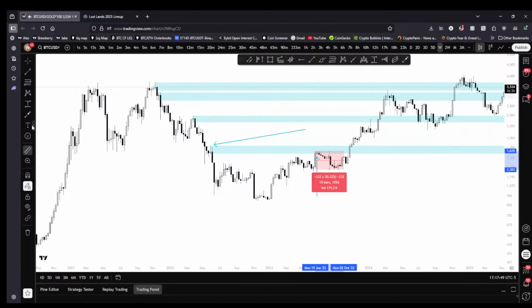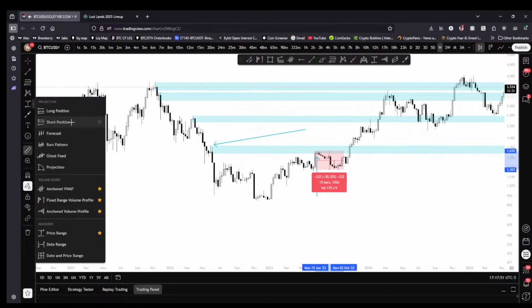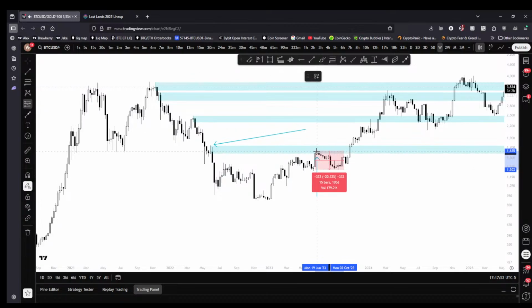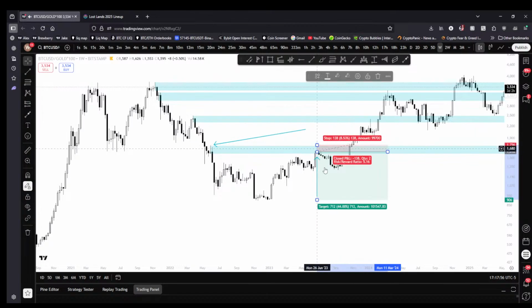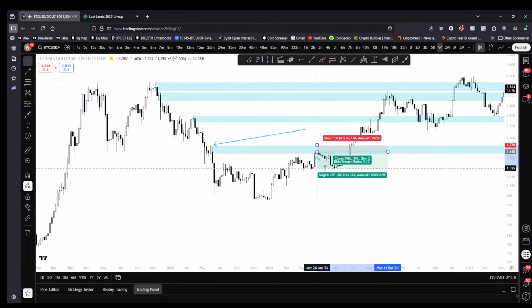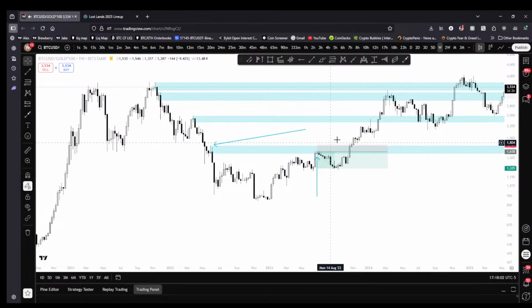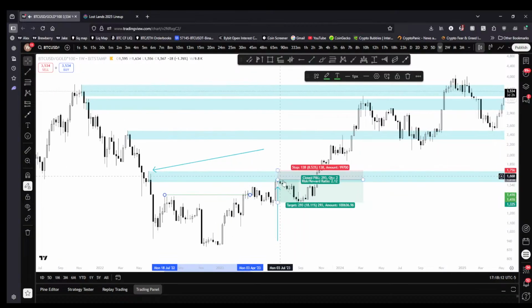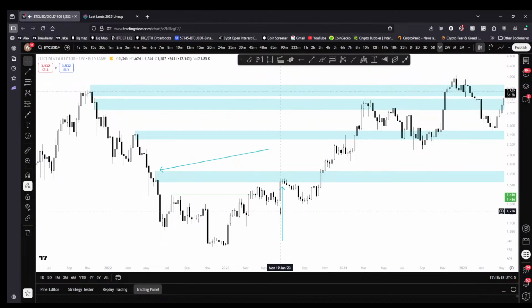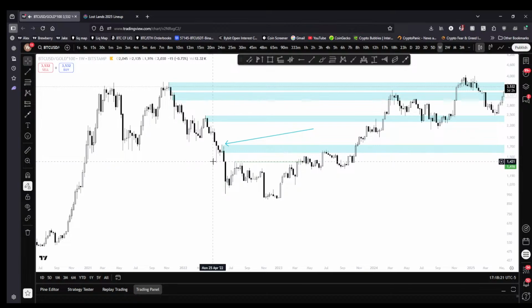So you could have identified this as an area to go short. You know that you're just targeting a pullback, right? Or an area to take profit on longs, for example, because you have switched your weekly structure to bullish here. So you could have more used this as a target for longs, but you also see a bearish reaction there, right? This is just identifying areas where we can expect there to be a reaction, right?